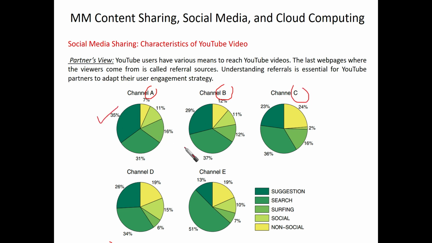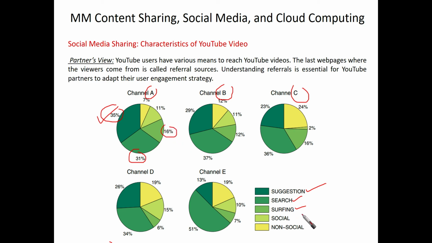So think about this channel A. It seems that 35% of referrals come from suggestion. Suggestion means when you watch a video and there is some recommended, related video. And 31% of referrals come through searching. That means you search through a search engine like Google, or from YouTube search. And maybe 16%, a very substantial percent, comes from surfing.